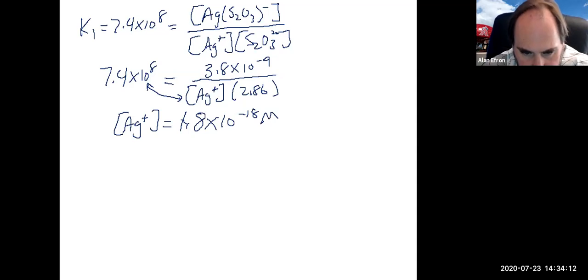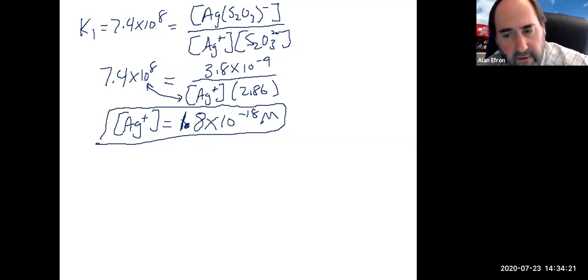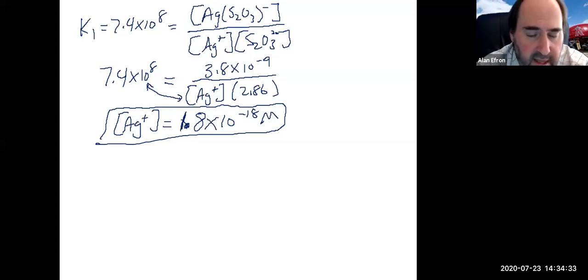And I would definitely agree that that is a very small amount of free silver ions floating around. Essentially, all of it is in the complex ion. But because it's a reversible reaction, there is still going to be a super small portion that will be free. And 10 to the minus 18 essentially is none there. But technically speaking, there is some there.